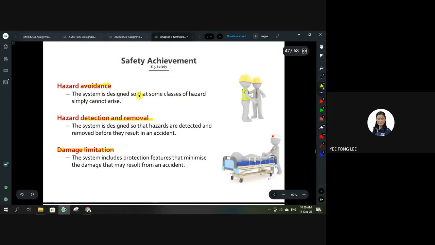What's the definition? The system is designed so that some classes of hazard simply cannot arise.